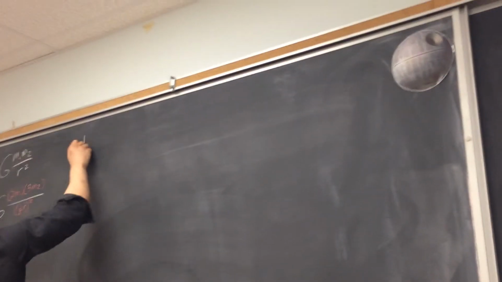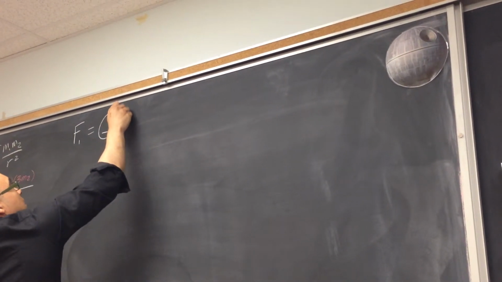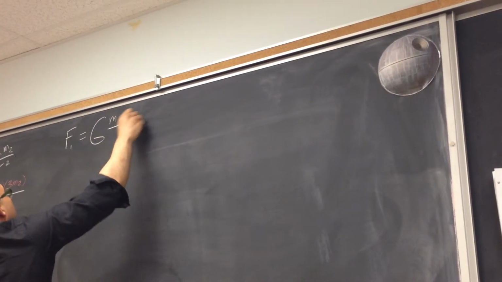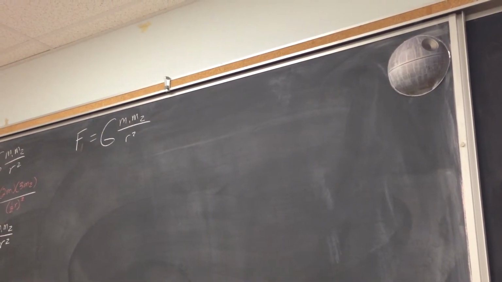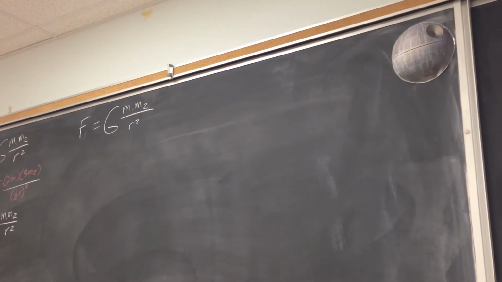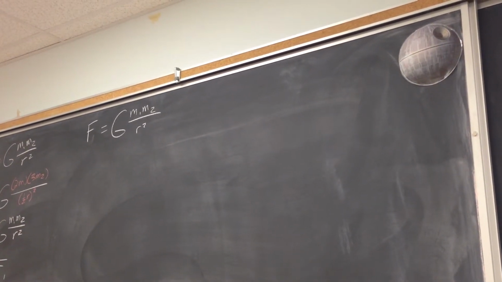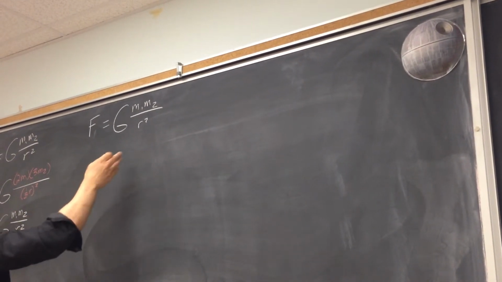Originally, we have F1 equals G m1 m2 over r squared. The force doubles, and we need to figure out how the radius changed. So we just need to rearrange this for radius.